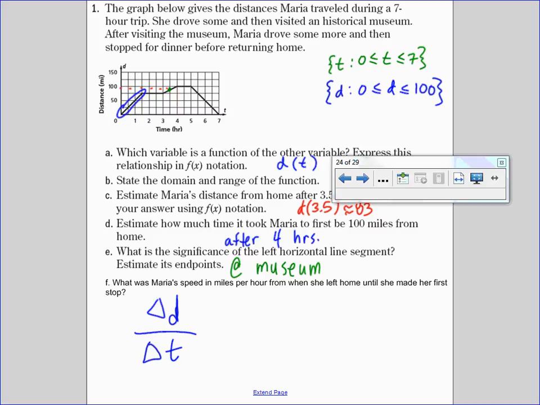So it looks like she went a change of 75 miles in a time of 1.5 hours. Is that 50? 50 miles per hour.